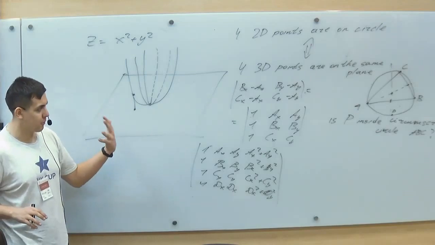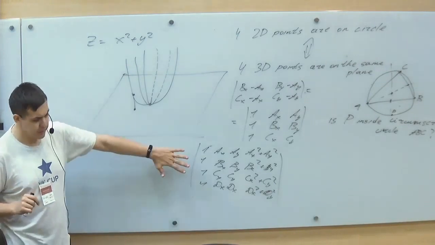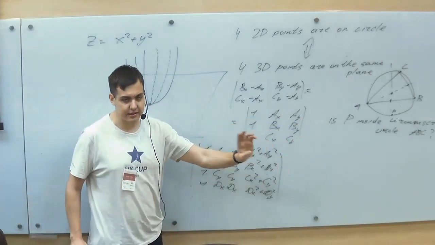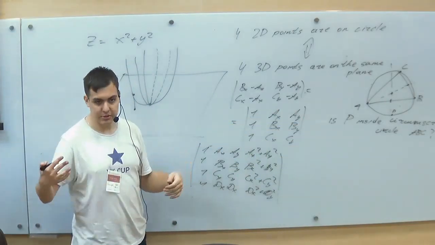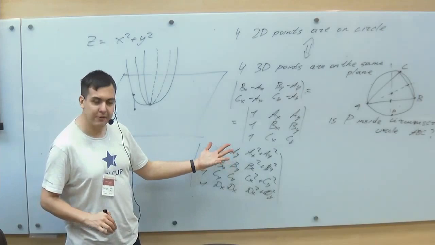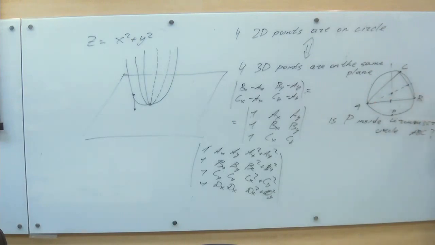This is 0 if 4 points are on the same circle. You'll have to see if this is less than 0 if point P is inside, and greater than 0 if point P is outside. I don't really remember, and I might have messed up the order, and it also depends on the orientation of your triangle. If the points are in counterclockwise order, like A, B, and C on this picture, then we have one sign, and if you have the other direction, it's the other sign.